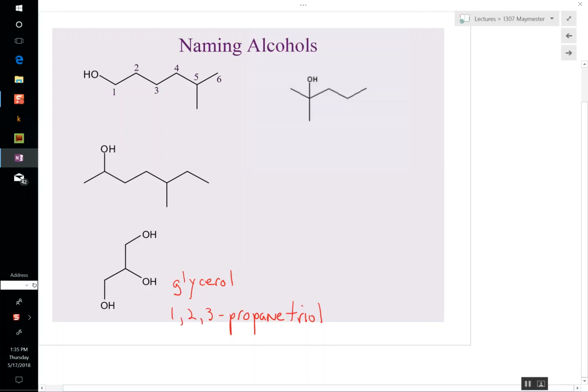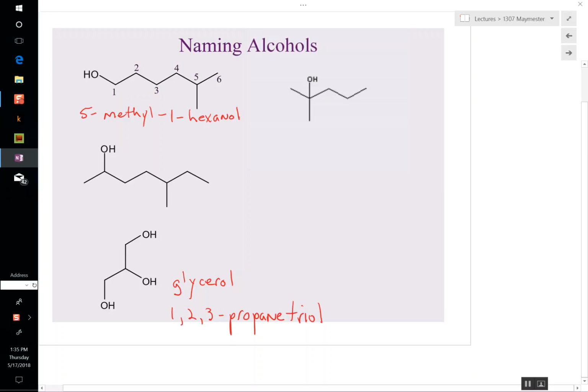Okay, how would you name the top one there? Well, we want the name. It's 5-methyl-1-hexanol.